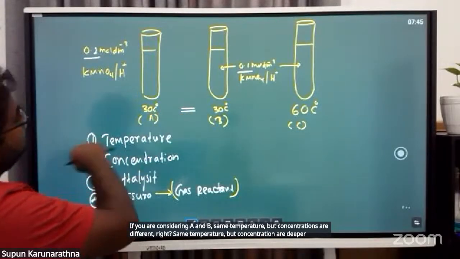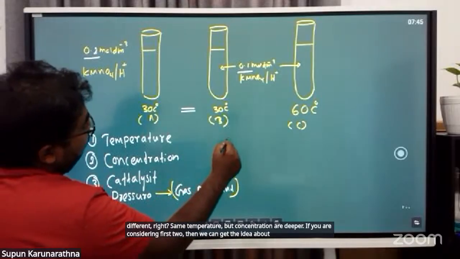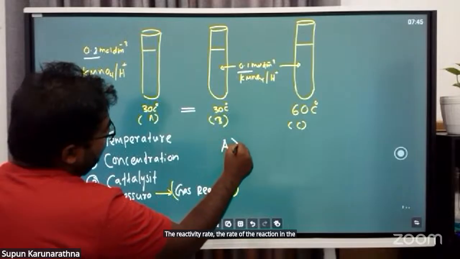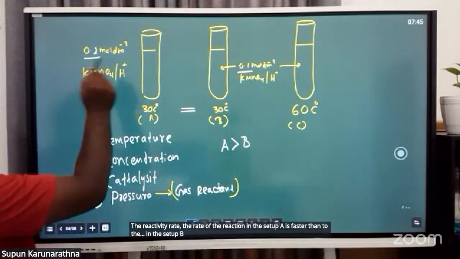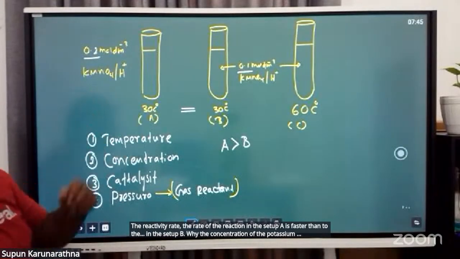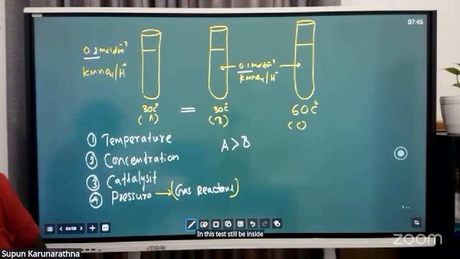If you consider the first two, then we can get the idea about the reaction rate: the rate of the reaction in setup A is faster than in setup B. Why? The concentration of the potassium permanganate in test tube A is higher. I think you got the idea about that.